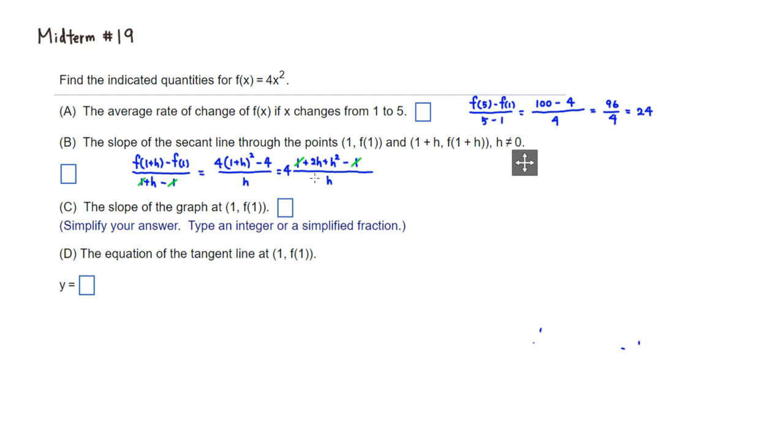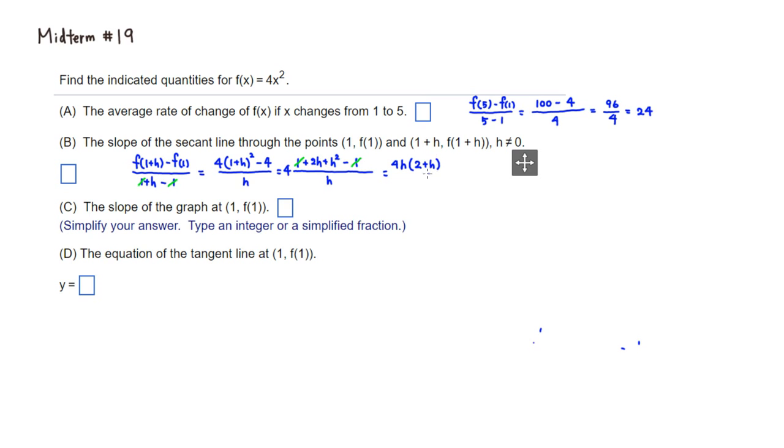Next, we still have the 4, but we notice that the remaining two terms in the numerator have a factor of h. You have 2 left over, and if you factor h from h squared, you get h.